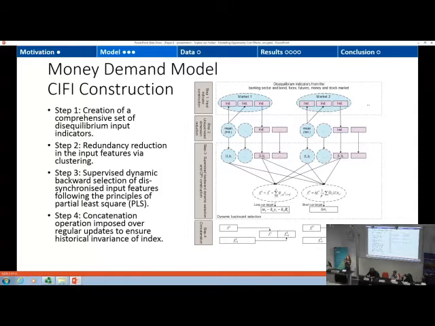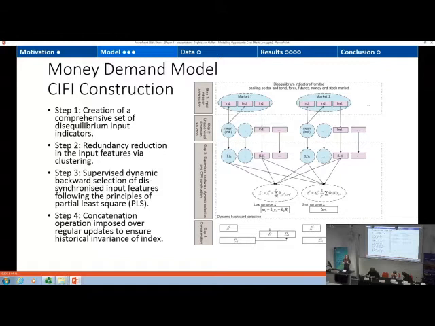Usually they are ratios or differences in order to capture disequilibria in the international financial markets. That's what we call the input indicator construction step. All we're doing is collecting all the input variables and constructing disequilibrium indicators. These will be our input features into our algorithm.